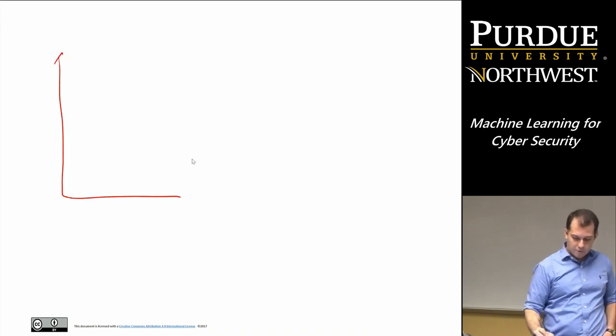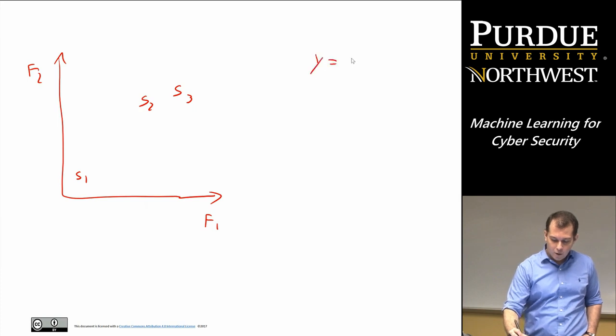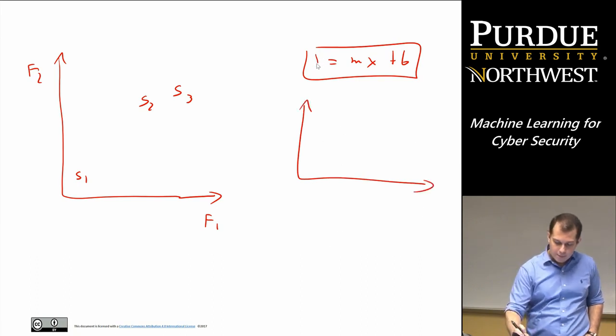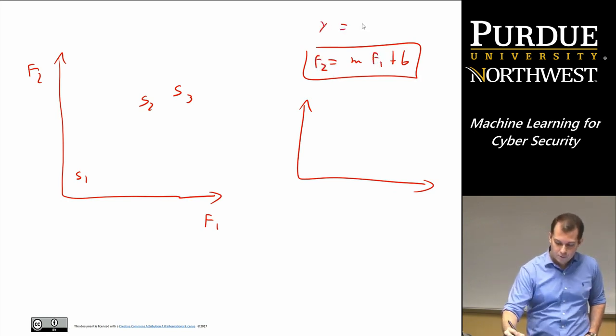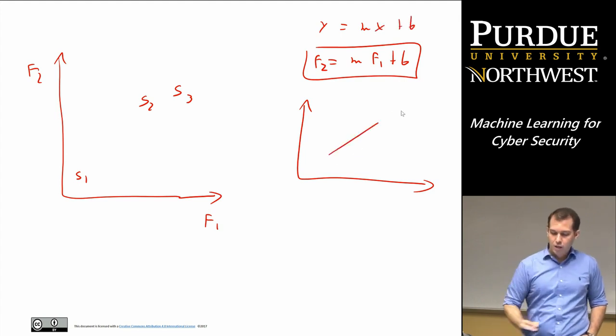So I have F1, F2, and my samples, S1, S2, S3. Additionally, we know that mx plus b, this little equation, lives in a Cartesian plane, right? mx plus b allows me to draw a line.